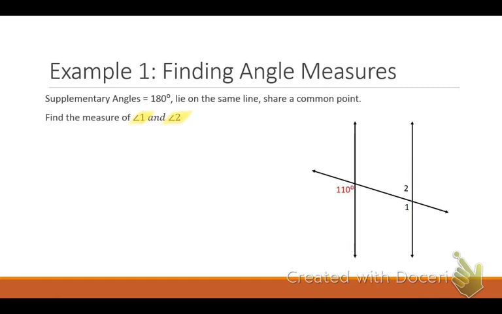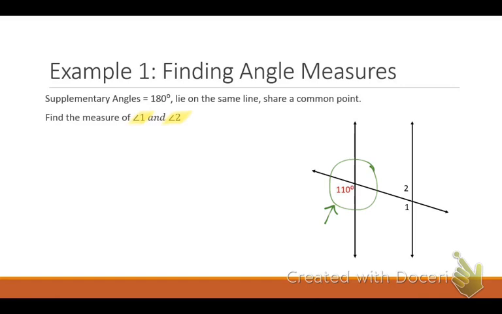But before I can find 1 and 2, I have to find one of the measures, and that's where the 110 degrees comes into play. The 110 degrees on this intersection is in what section? Top right, top left, bottom right, bottom left? It's in the bottom left section.